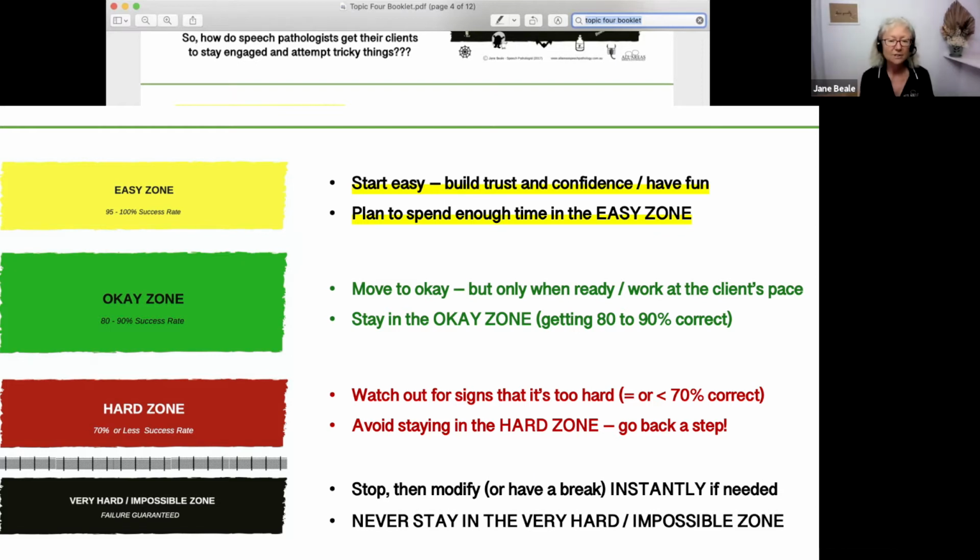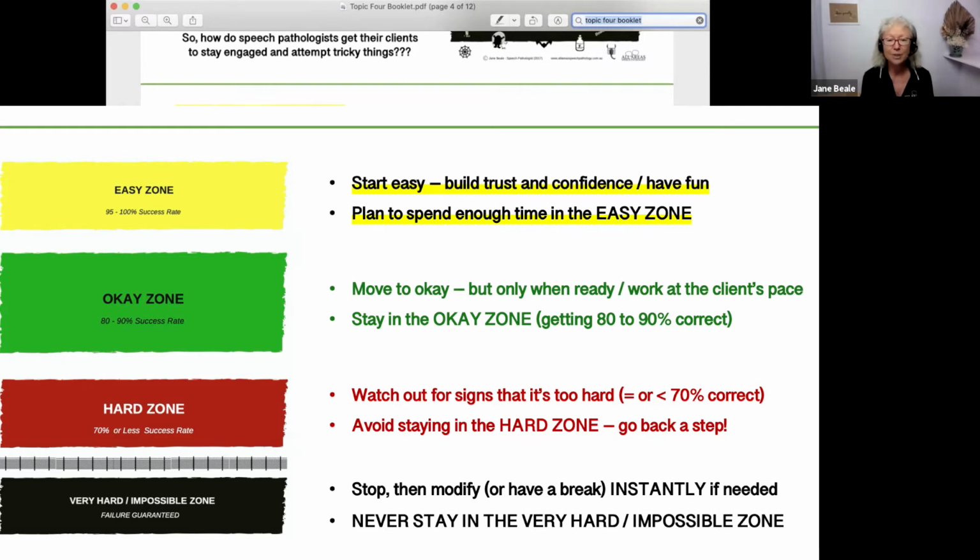We watch out for signs that the tasks have become too hard. If the client's suddenly getting 3 wrong or 4 wrong or 5 wrong for every 10, we know that soon we're going to start getting some of those avoidance behaviours. So when we see that, we need to go back a step and get that client into the green or OK zone.